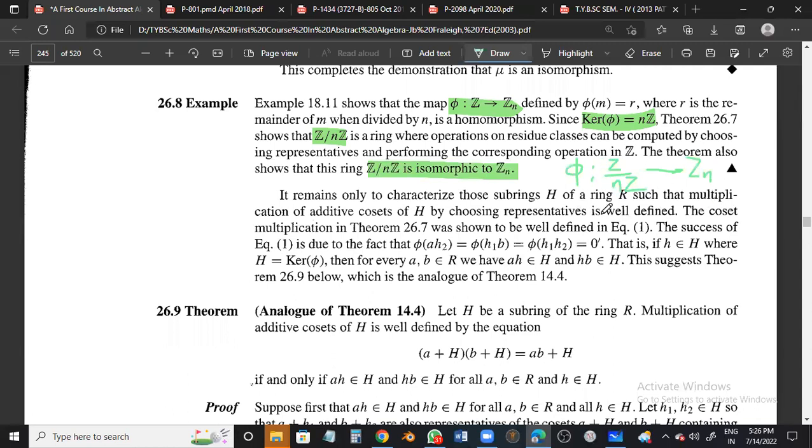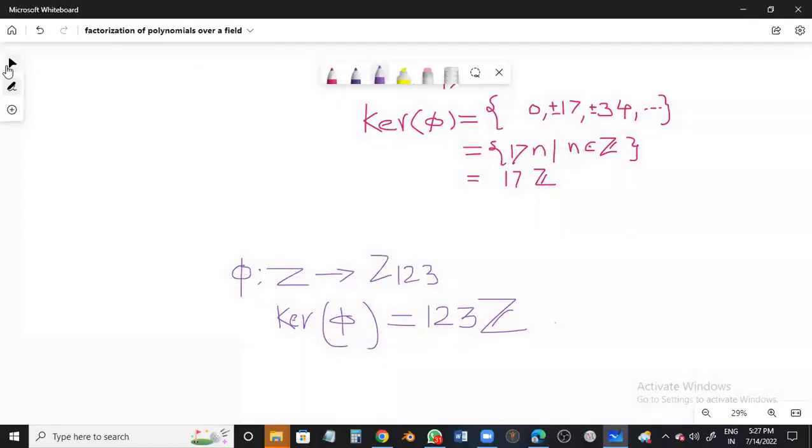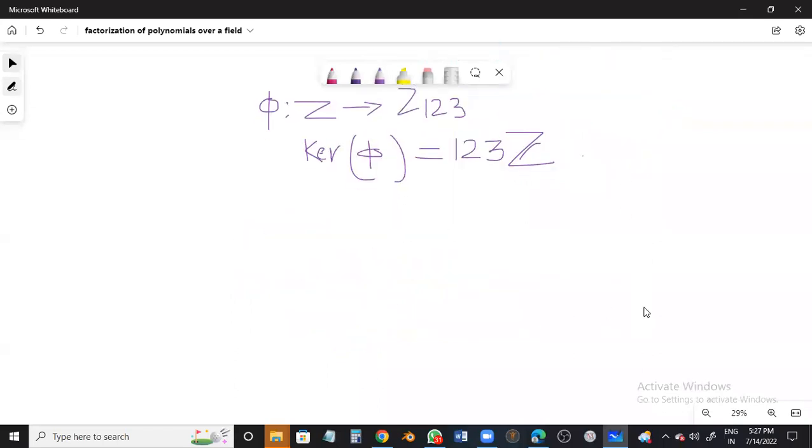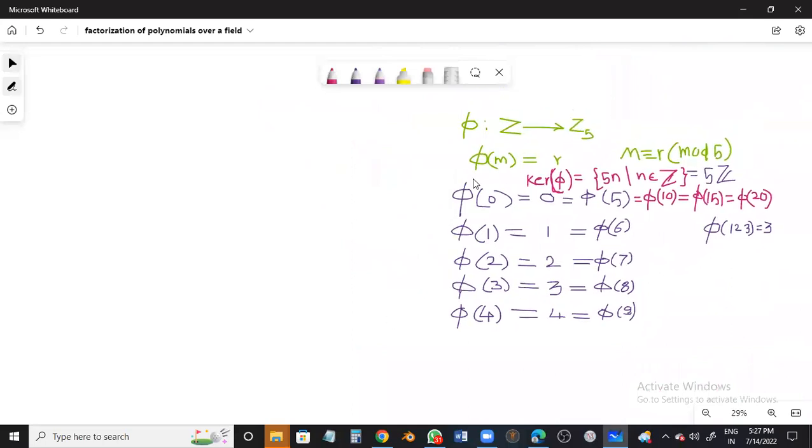What will happen? We are collecting members of nZ. Yes, I would like to do this for Z by 5Z for you. This set being smaller, let us deal with this only. This is our favorite set.